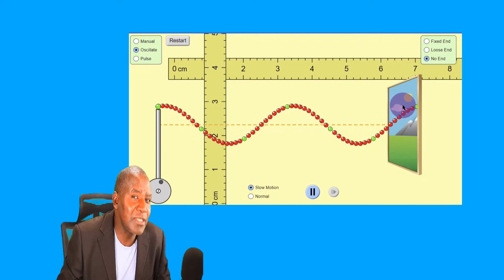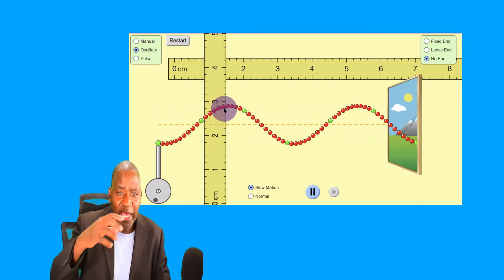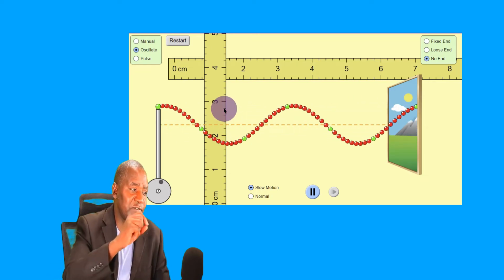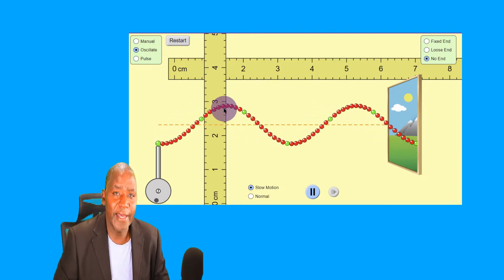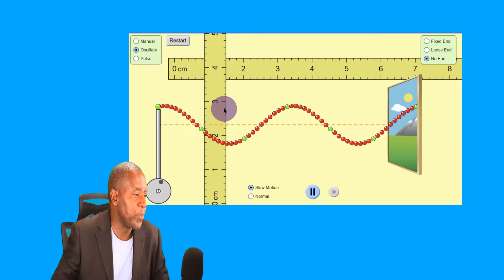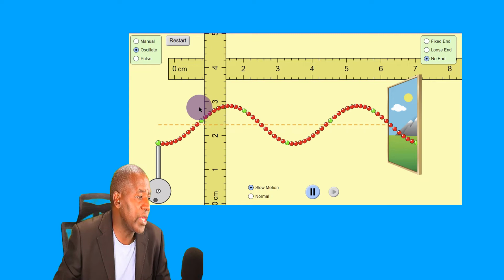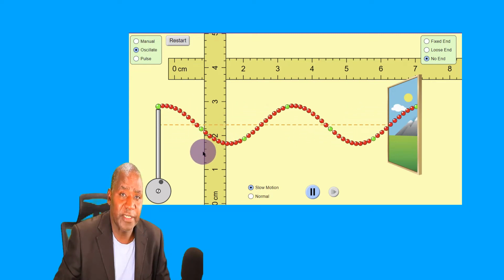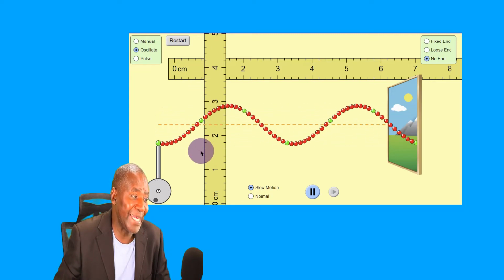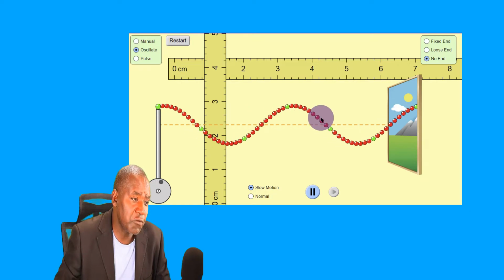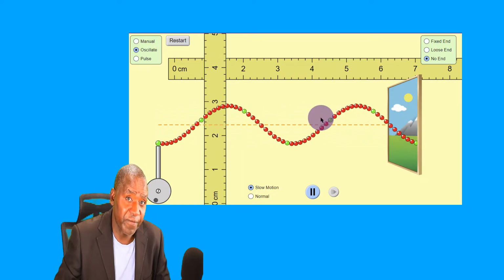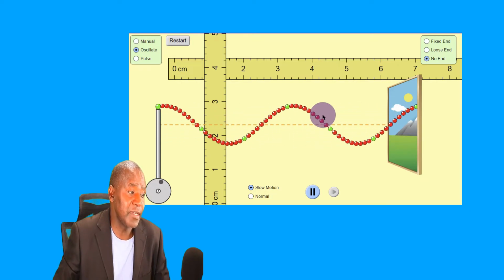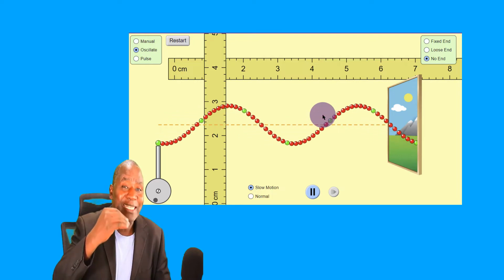You can imagine that to be the energy that is being transferred from one end to the other end. Now, these particles are undergoing a displacement which is perpendicular to the direction of travel of the wave. That by itself describes a transverse wave.